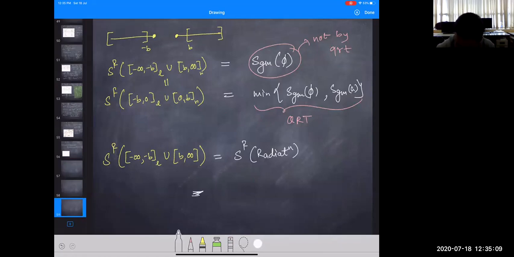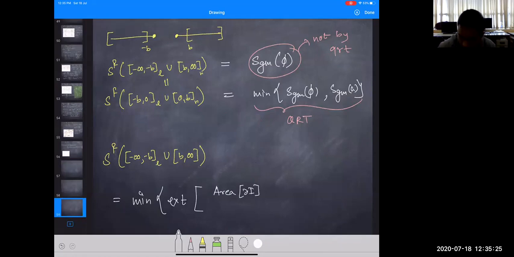Let me write down the general formula. This should be equal to the minimum of the extremum of the area of the boundary of the island.